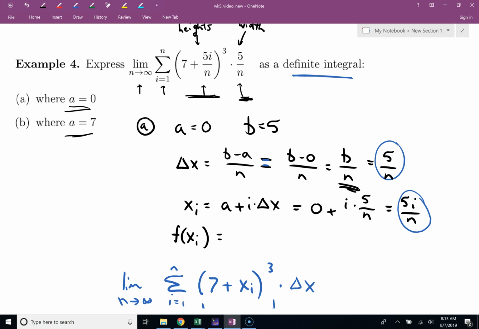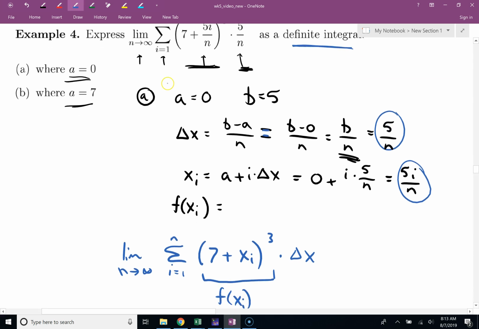If you'd like to keep any of this, go back and screenshot this, or make sure you have it written down. But I'm going to erase things and see how this changes if I do a equals 7. So instead of 0 here, I'm doing 7. And remember, we chose our b value so that it lined up very nicely, and we got this 5 over n. So in this case, we'd have b minus 7.